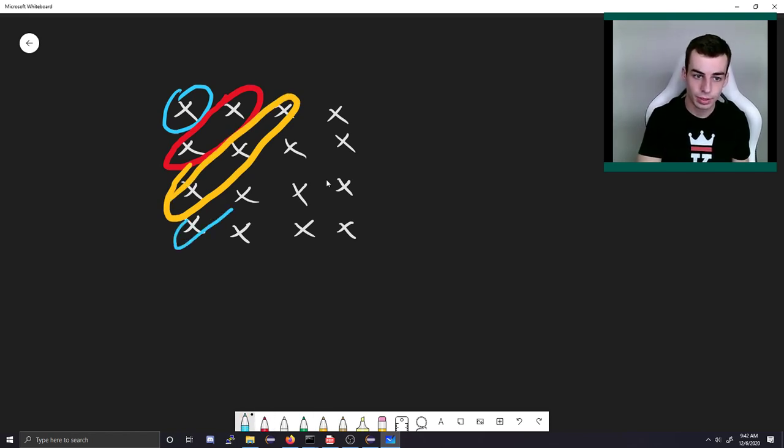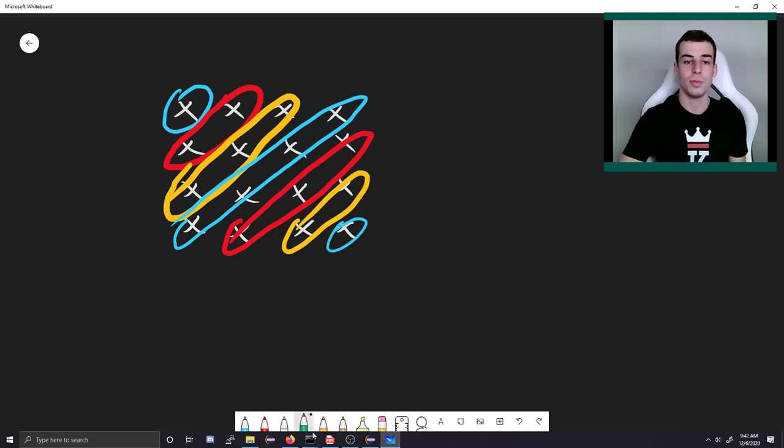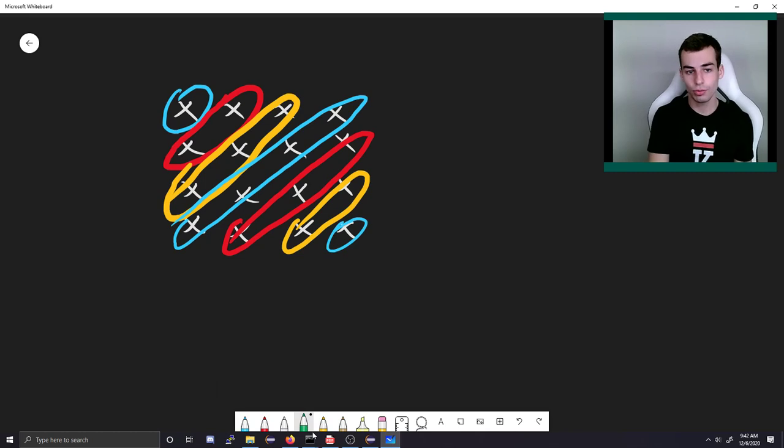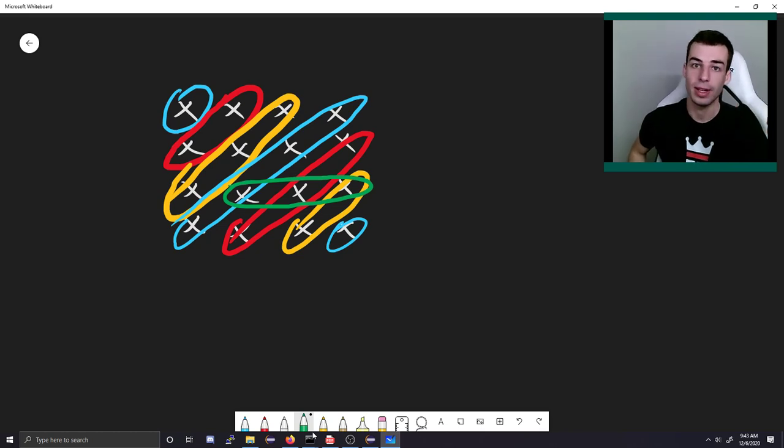Then blue, then red, and then yellow, and then blue. So what you can notice here is if you pick any 3 in a row, horizontally or vertically, maybe I'll pick these 3 here, that will use 1 blue, 1 red, and 1 yellow.